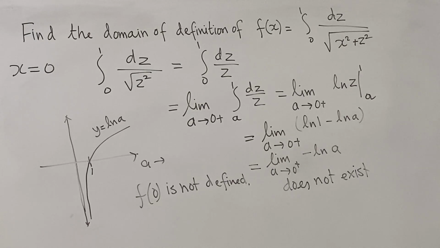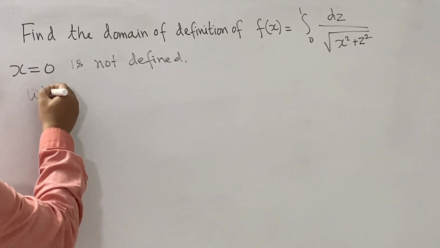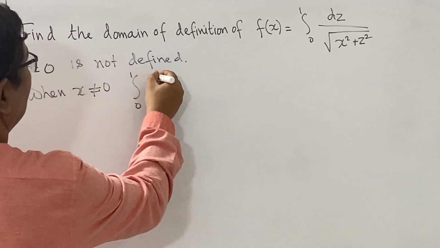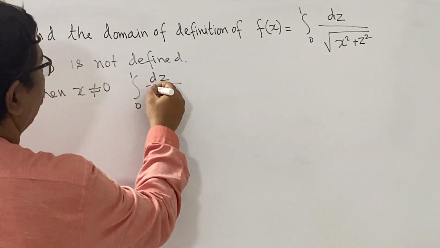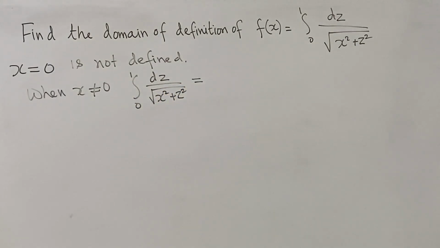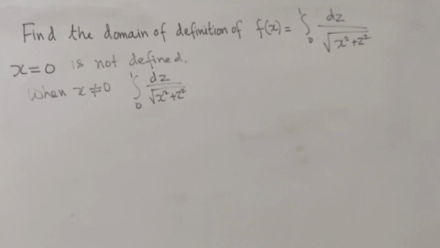What happens at other points? When x is not equal to 0, then we have to evaluate integral 0 to 1 dz by root over x square plus z square. Now this integral is a standard integral.